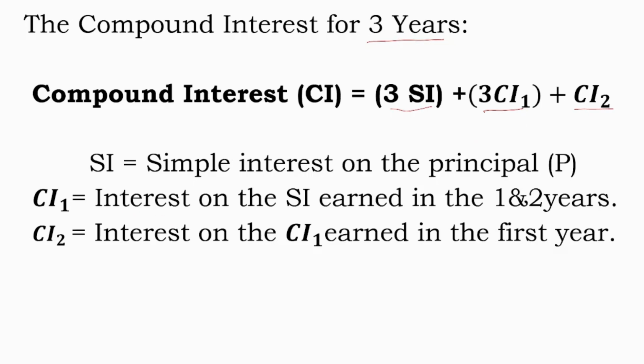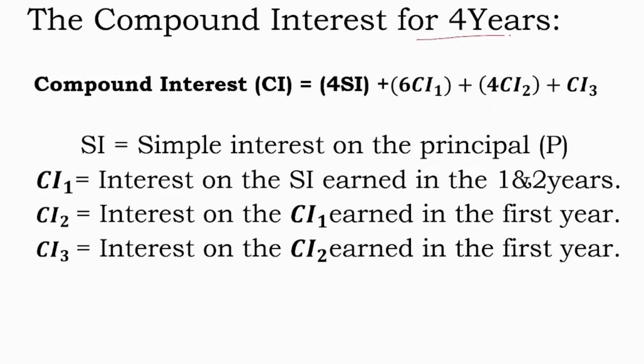So here SI is the simple interest imposed on the principal amount, CI1 is the interest calculated on the simple interest, and CI2 is the interest imposed on CI1.